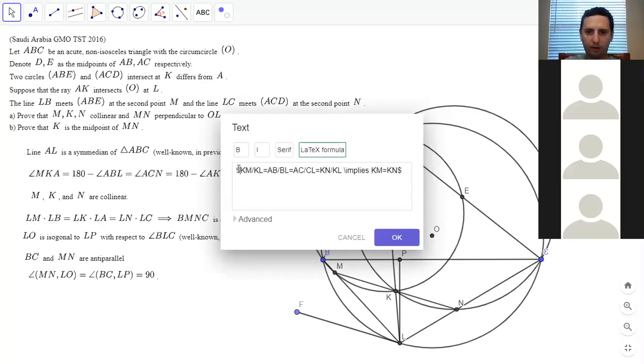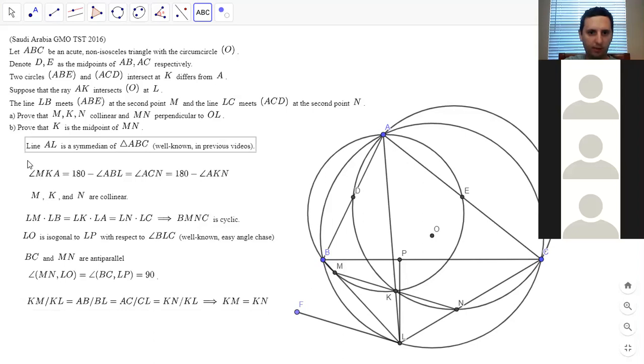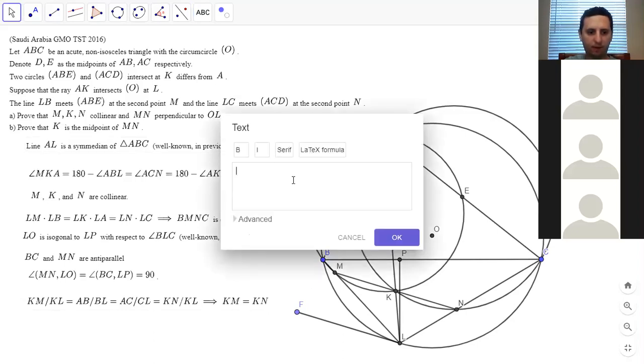We're using that ABLC is harmonic, so I'm going to write right here that ABLC is harmonic. And that means that AB over BL is AC over CL.